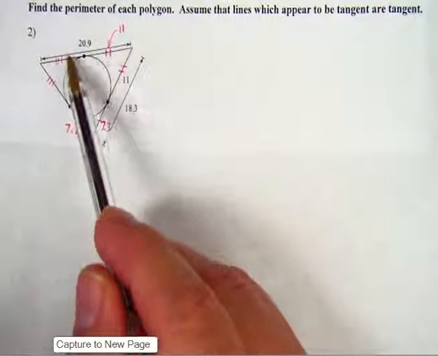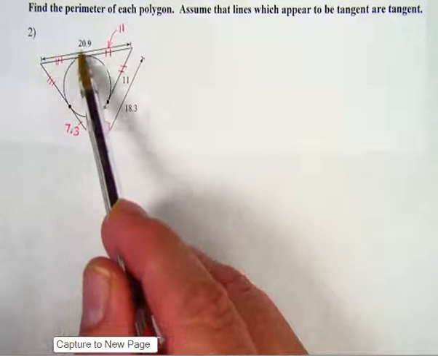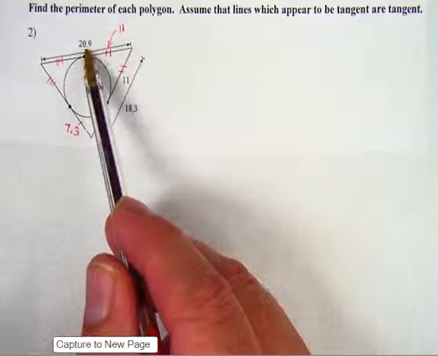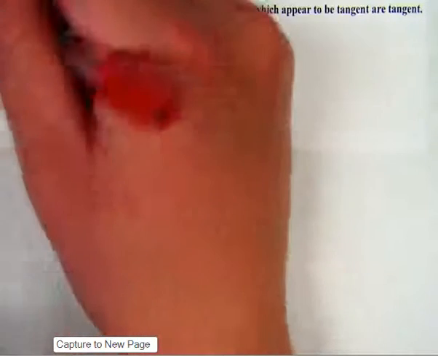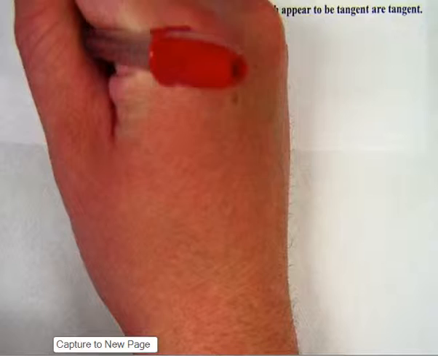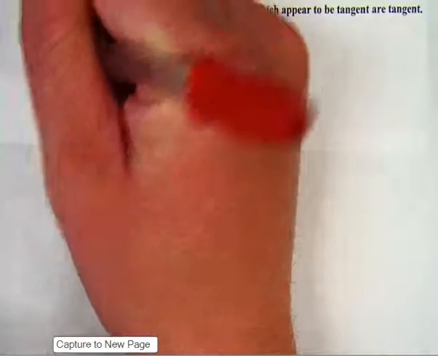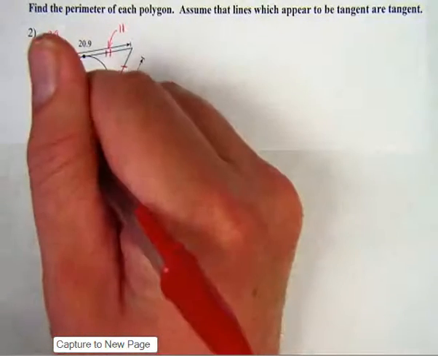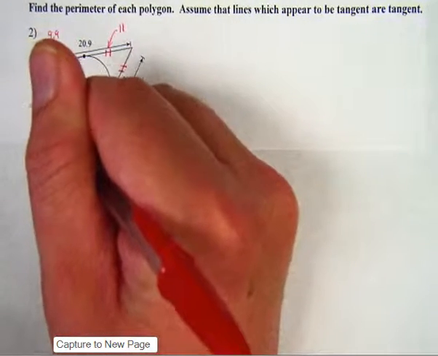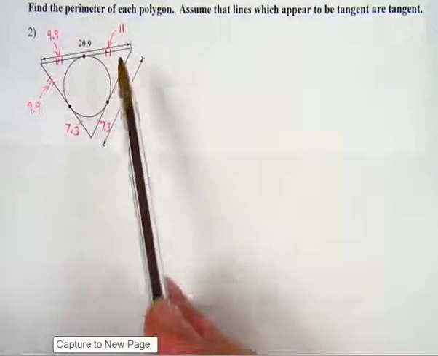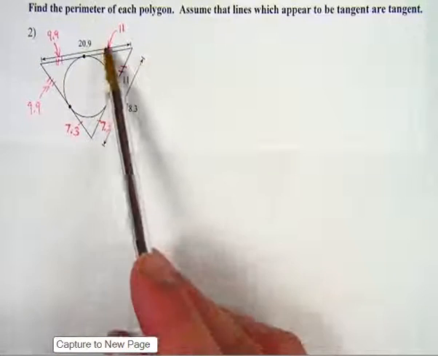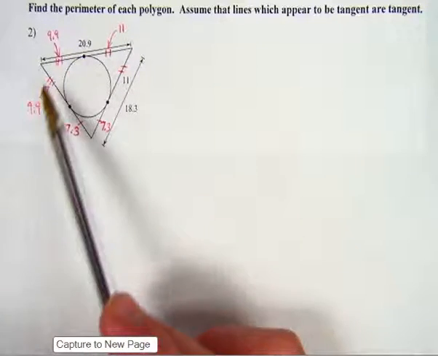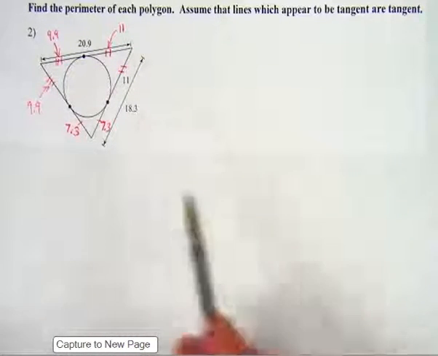And if this is 11, in order to find this, I would take 20.9 minus 11, and that is going to be 9.9. And if that one is 9.9 right there, this one must be 9.9 as well. So I had to use the fact that these are congruent and do some subtraction to find missing pieces until I found all the pieces around here.